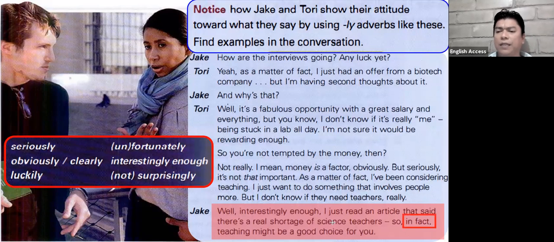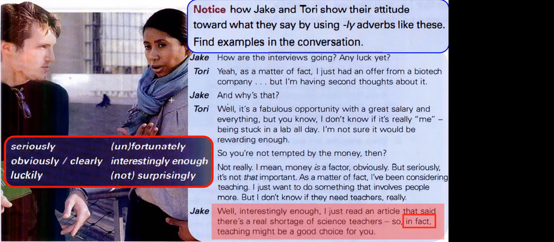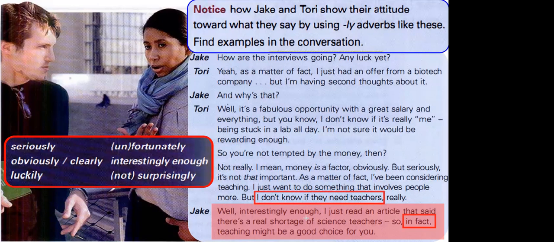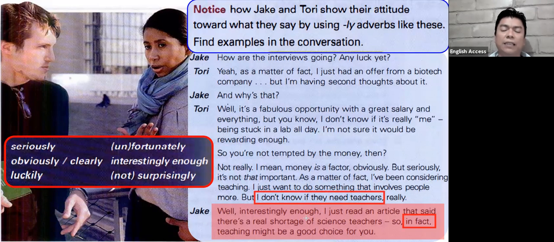So what is he doing? Is he emphasizing important information or is he correcting an assumption? Let's take a look at this. The girl says, I don't know if they need teachers. It's not new information. He is correcting her assumption. He is making something clear because she doesn't know.